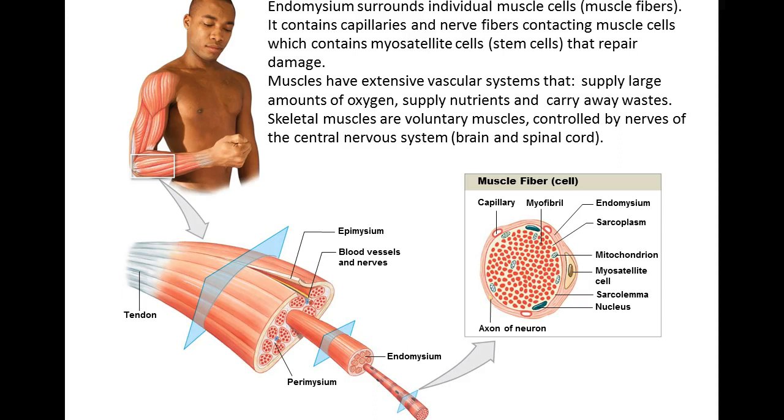Muscles have a large need for oxygen. Most of your movement is in the presence of oxygen. We call it aerobic movements. And so muscles have a high need for oxygen, so there's a lot of blood flow to the muscle.